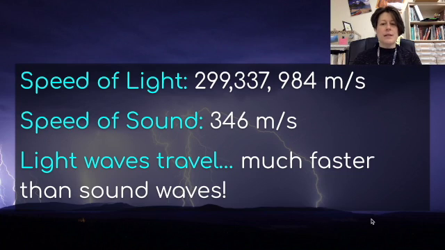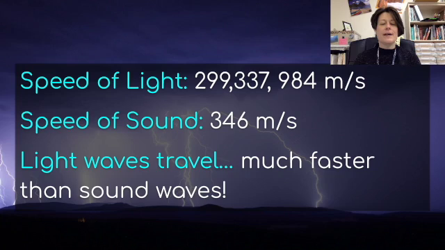So the speed of light is really fast. It's 299,337,984 meters per second. Super fast. The speed of sound is only 346 meters per second. So light waves travel much faster than sound waves.